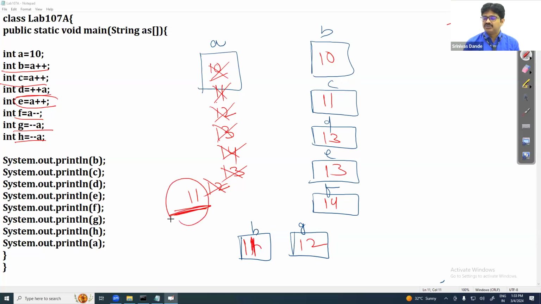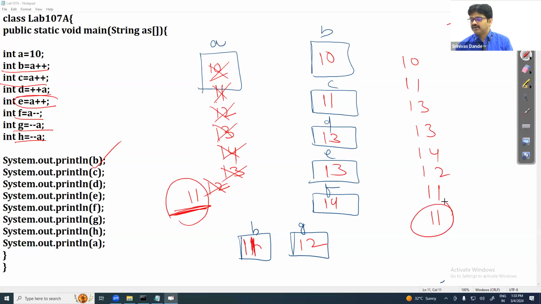Finally, what is the A value remaining for us? A is 11. So what is the output? First I am printing B, right? B is 10, 11, 13, 13, 14, 12, 11, and last A is 11. So how many got this correctly?